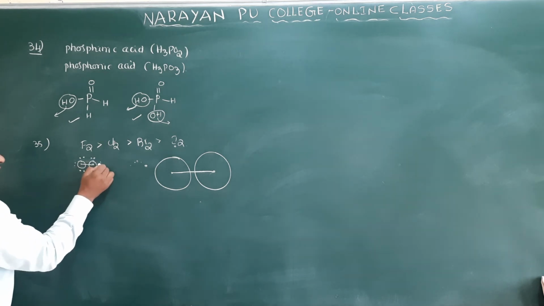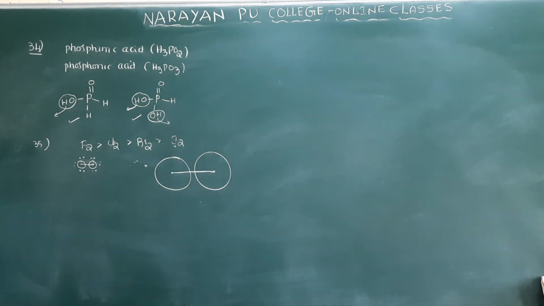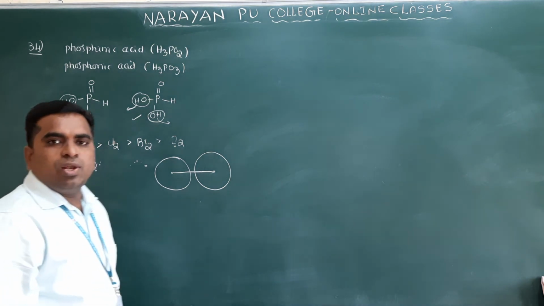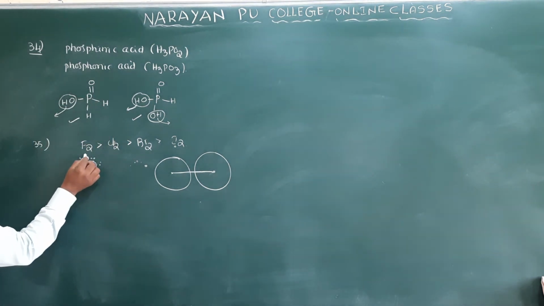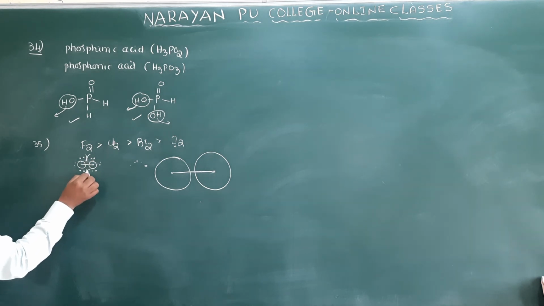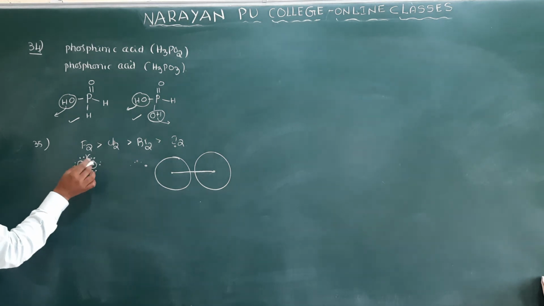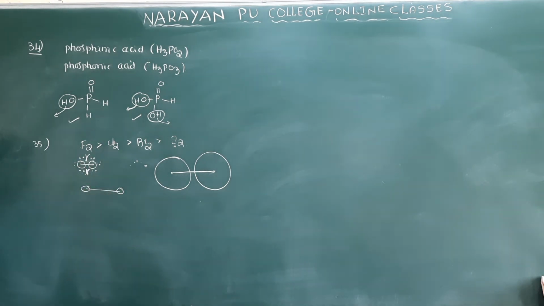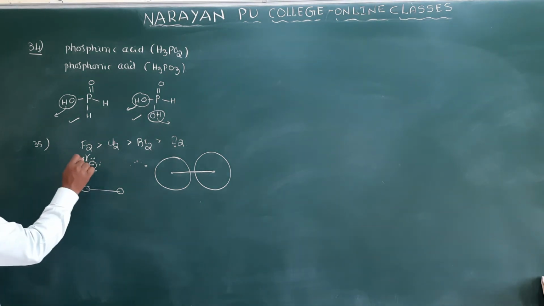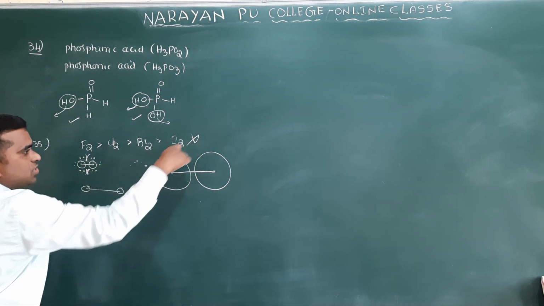But here, each halogen atom has 3 lone pairs of electrons. Clear? So that's why in this case repulsions will be more. Electron pair repulsions are more here. To avoid those repulsions, these two atoms will move away from each other. So that's why the correct order is not this.